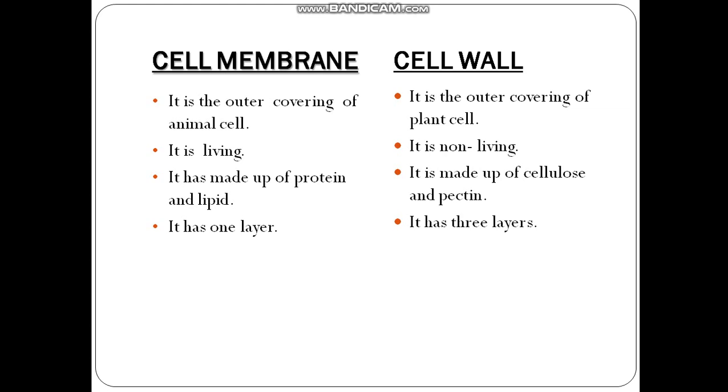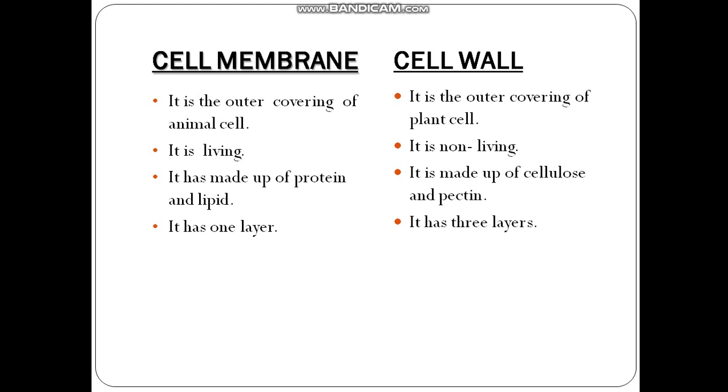First of all, we will study the outer covering of the cell. As I have already told you, in the animal cell the outer covering is a cell membrane, and in the case of a plant the outer covering is the cell wall. Before we study the cell, keep an egg in your mind.